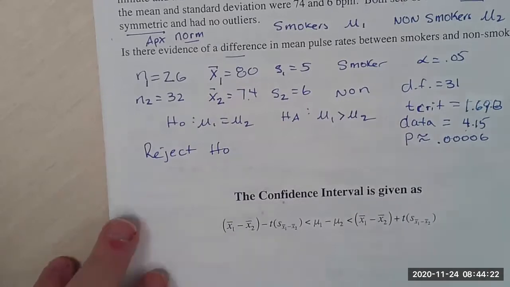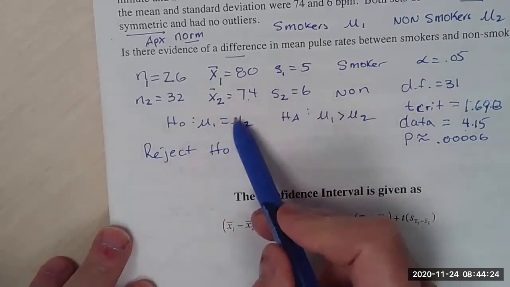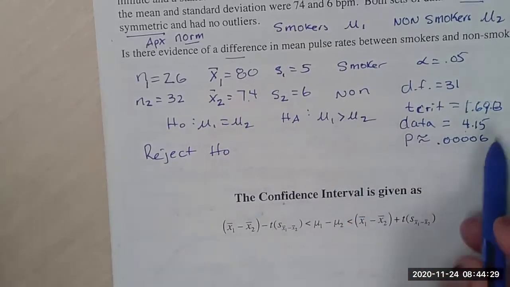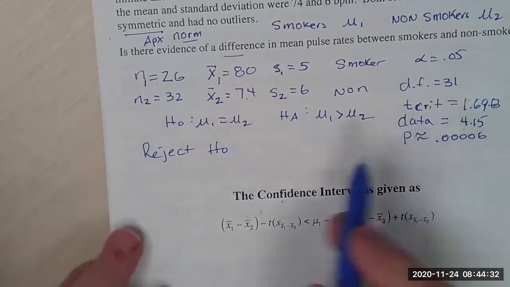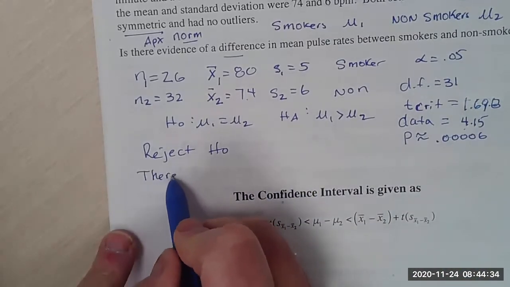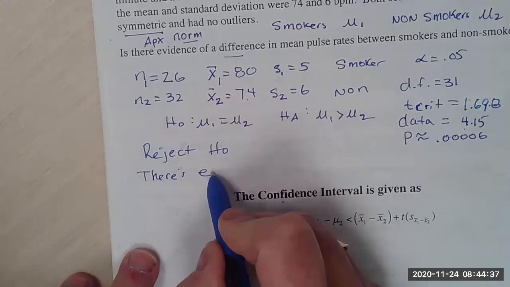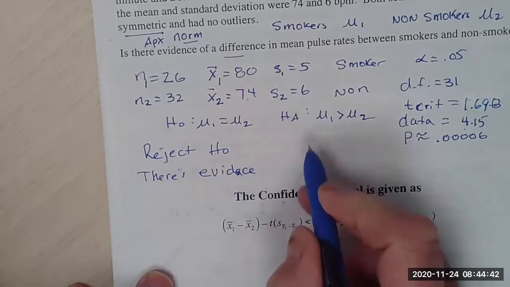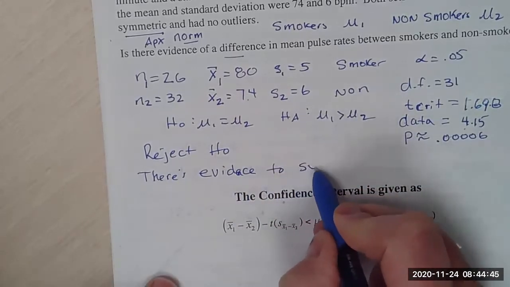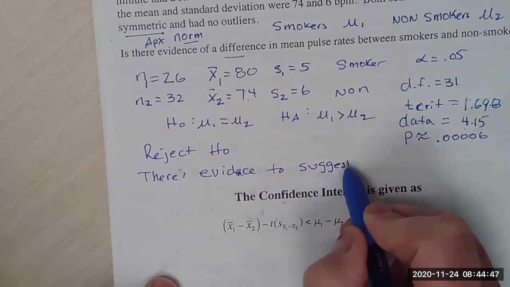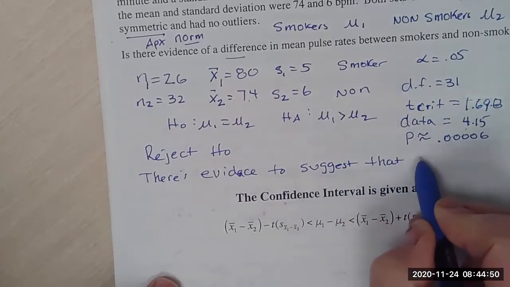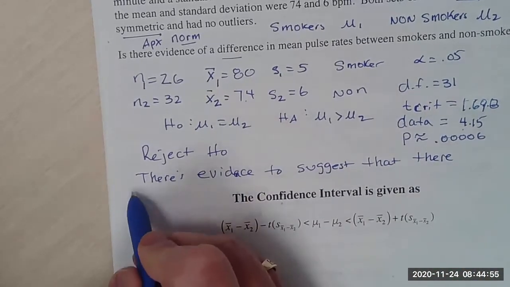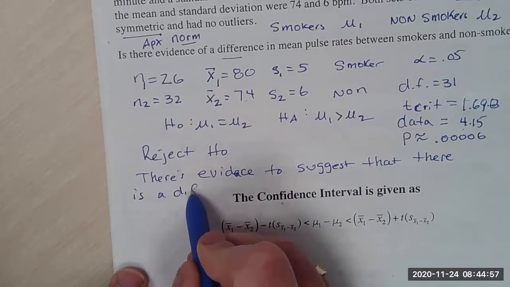And you'd make a statement like, since I'm rejecting this, it looks like there's strong evidence, strong because that p-value is extremely small. I'll just say there's evidence to suggest that there is a difference.